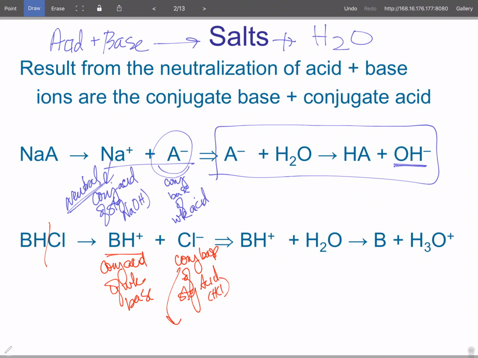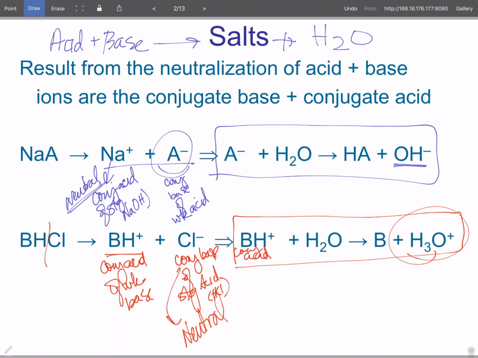So this one is going to be neutral because the conjugate of anything that's strong is really not helpful, so we're going to worry about this one. Since this is an acid, even though it's a conjugate acid, it's going to produce an acid in solution. So the bottom line is that salts are not neutral.